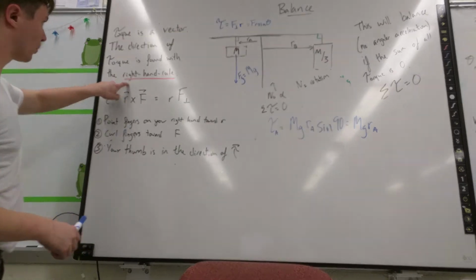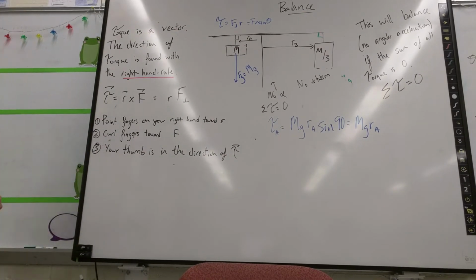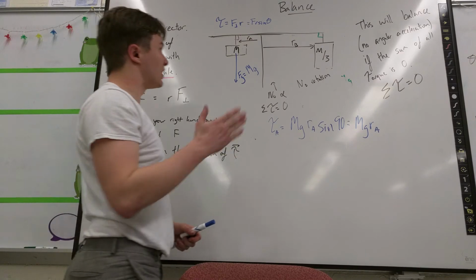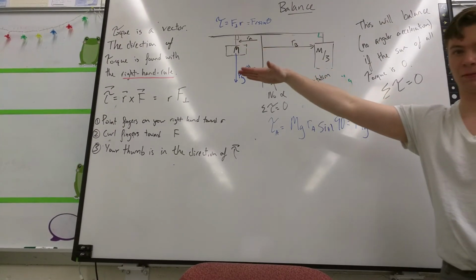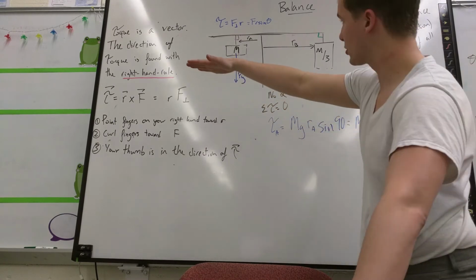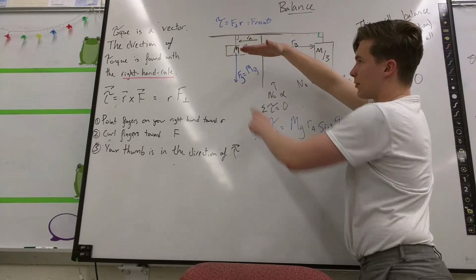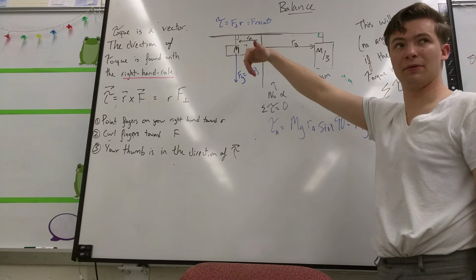To get the direction, we're going to use the right-hand rule. This is a new skill that I'm introducing here. There are 3 steps to this. 1, point your fingers in the direction of R. For this torque, my R is going that way. 2, curl your fingers in the direction of the force. My force is going down, so I curl my fingers down.